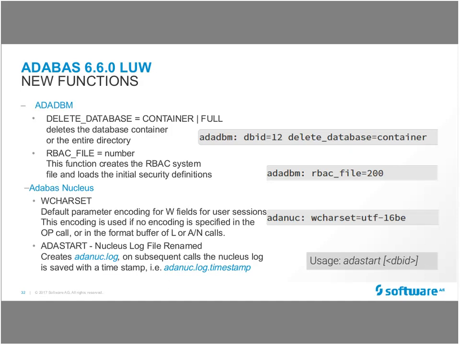But not all applications use the open command, and sometimes it's not possible to change it. And therefore, we introduced a new parameter where you can specify your default code page. For example, when you use Natural, you can use the code page Natural uses as a default.